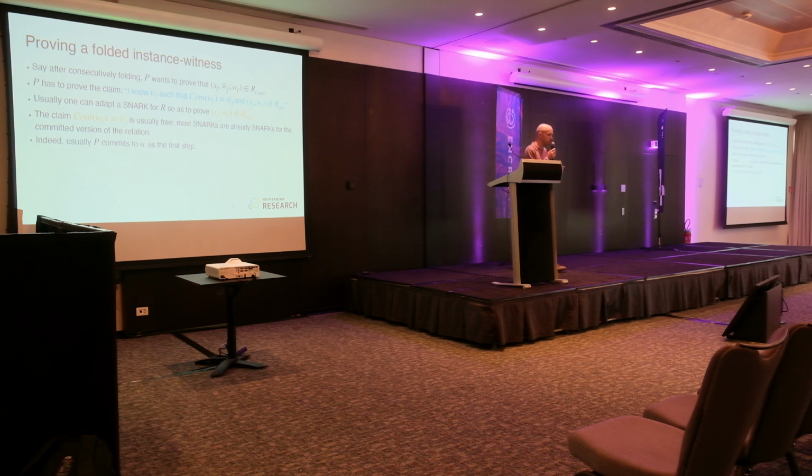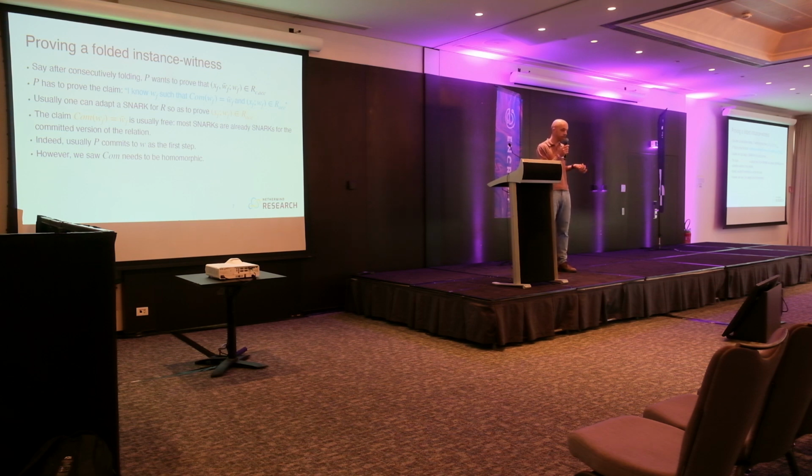So in most SNARKs, the first thing that the prover does is send a commitment to the witness. And then it creates a proof for the instance witness pair, referencing that commitment. So this step about the commitment is usually free.